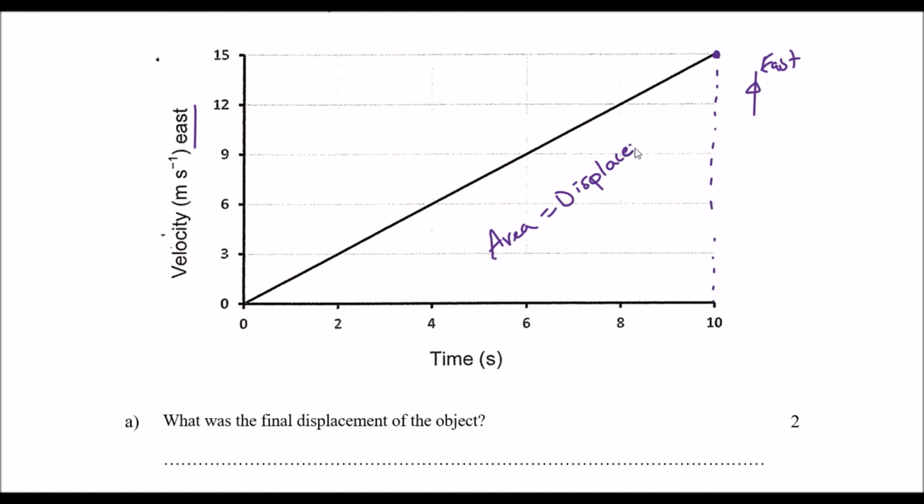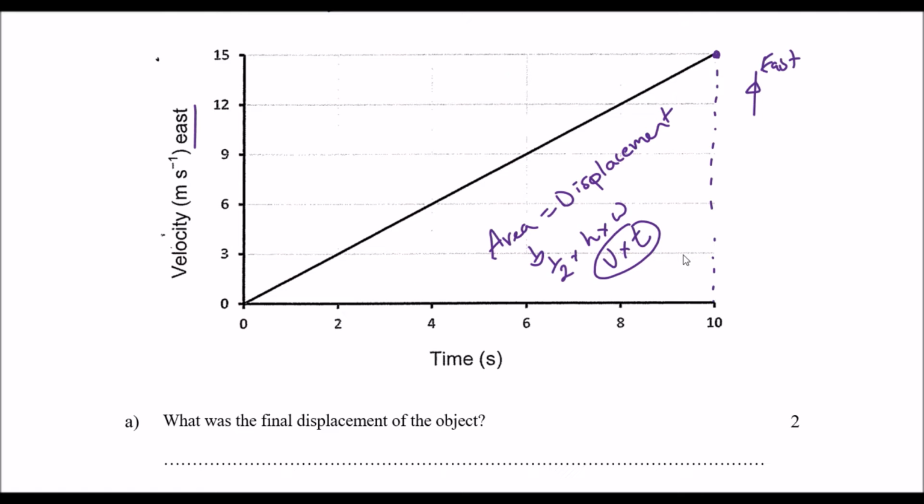Now for those of you wondering why exactly the area is the displacement here, think about what's happening. In order to find the area of a triangle, it is half times height times width. Now the height that we have, which is our y-axis, is the velocity, and the width is time.